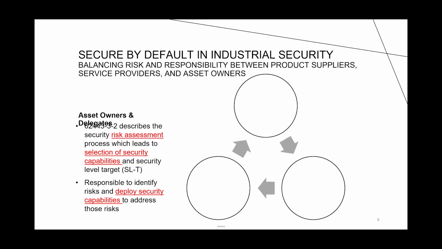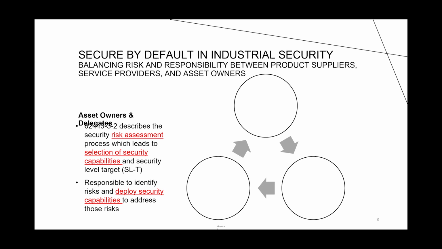And not surprisingly, the asset owners have a similar set of responsibilities. The asset owners have to determine in their particular situation what risks they are facing, and they need to select the capabilities. This is the way the standard works today. They need to select the capabilities, make decisions about the target.